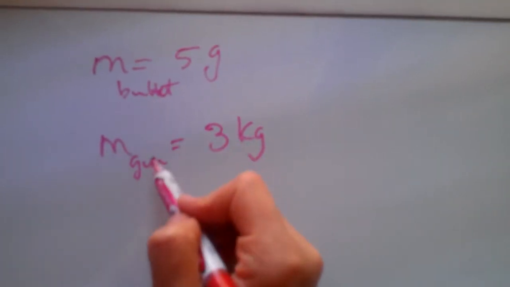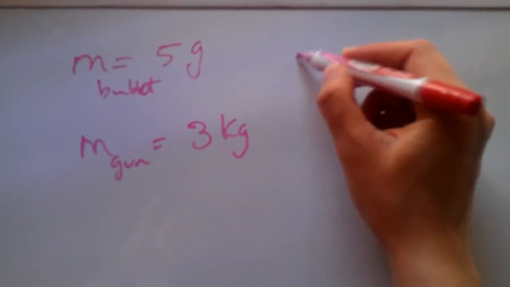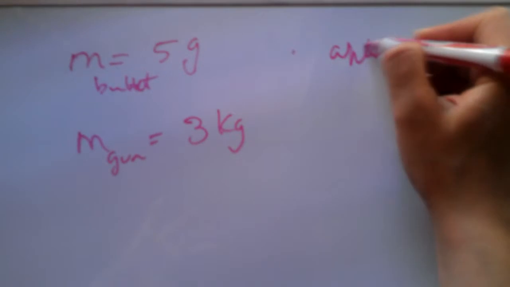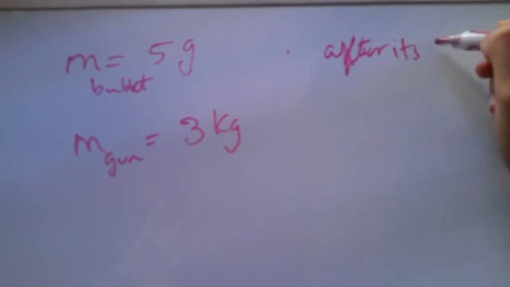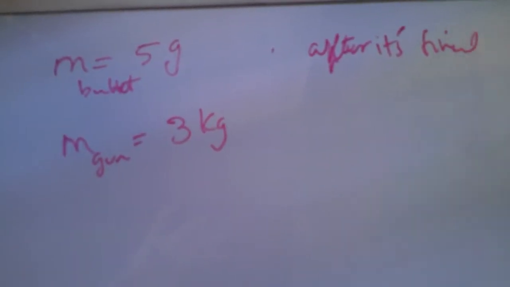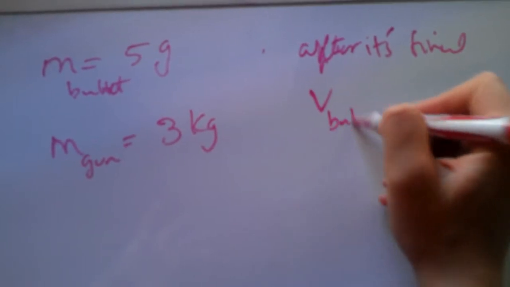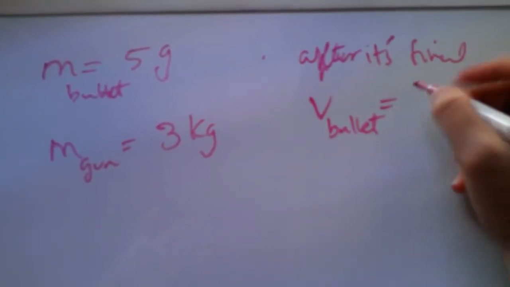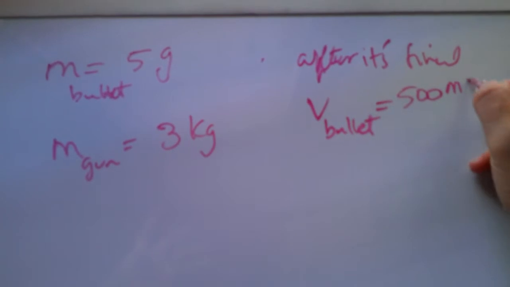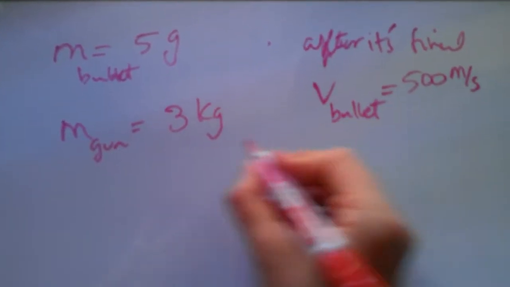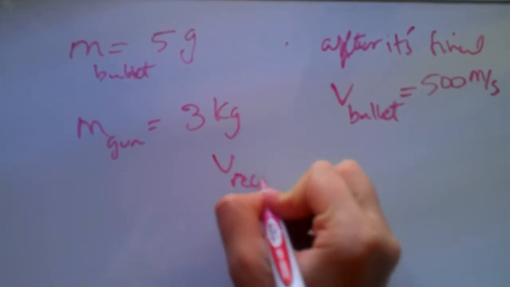After the bullet is fired from the gun, the bullet's velocity becomes 500 meters per second. What is the recoil's speed?